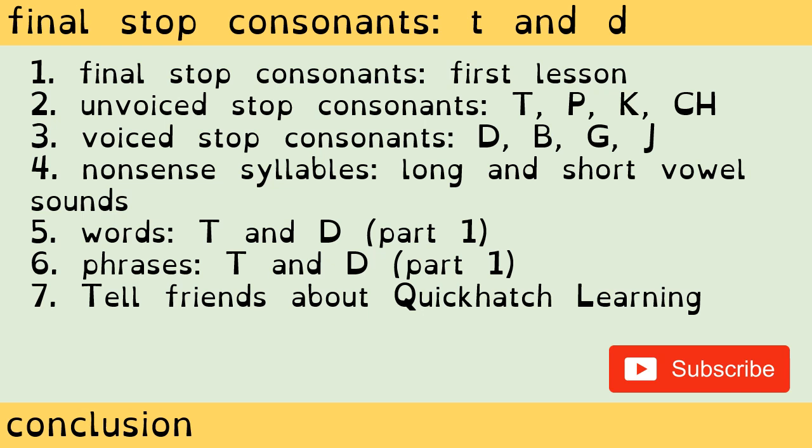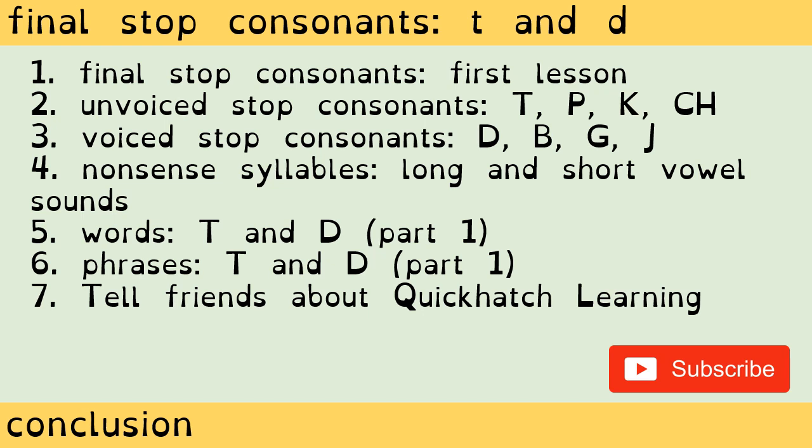3. Voiced stop consonants. D, B, G, J. The voiced stop consonants are D, B, G, and J. We practice these sounds after long and short vowels.